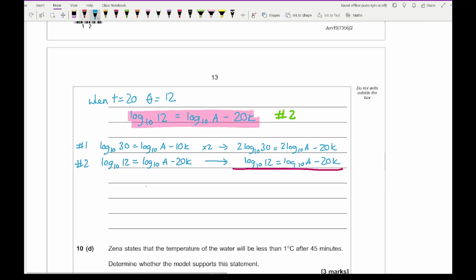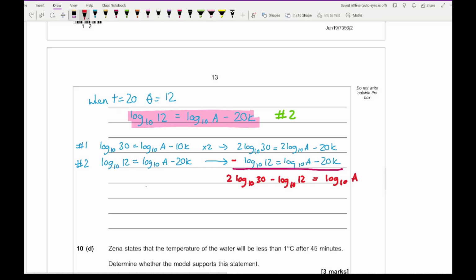So then taking away, because we've got the same number of k's and the signs are the same, I take away. So I've got 2 log 10 30 minus log 10 of 12 equals log 10 of a.